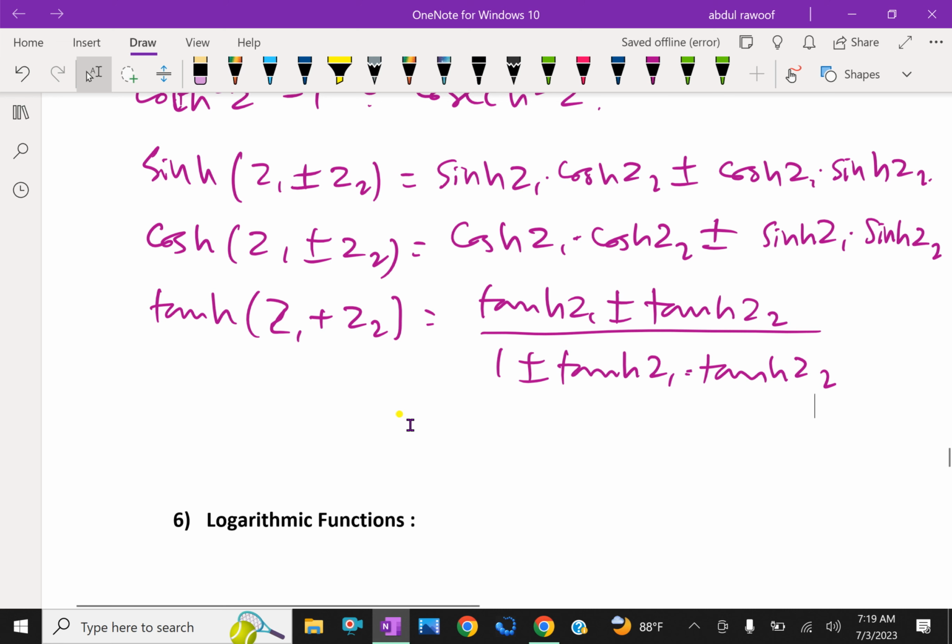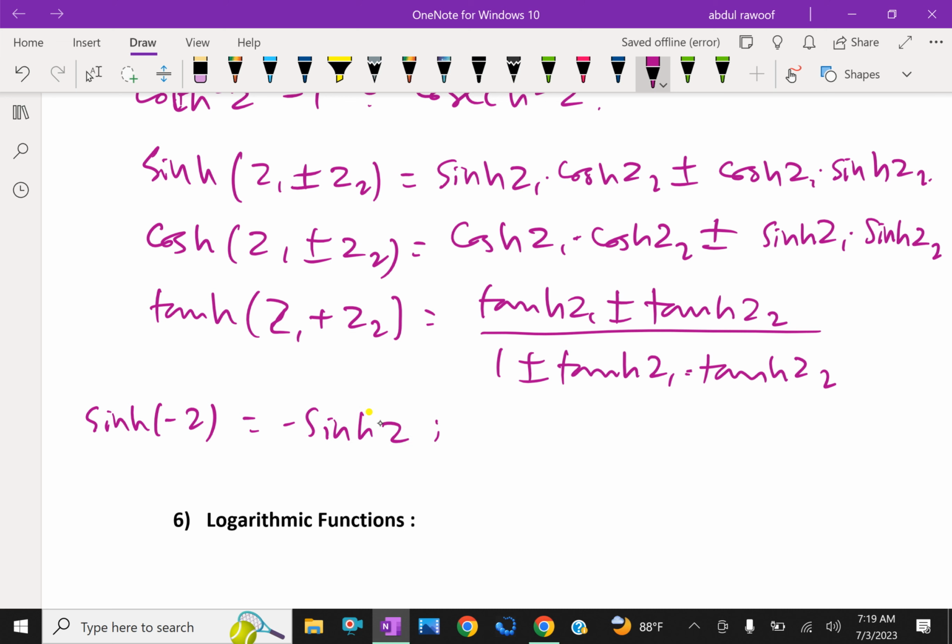Next is minus functions. Like here, sin h of minus z equal to minus sin h z.